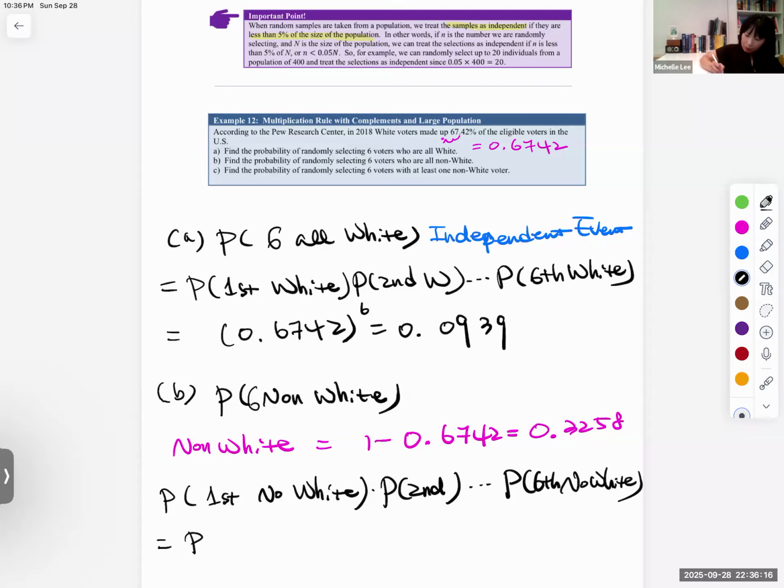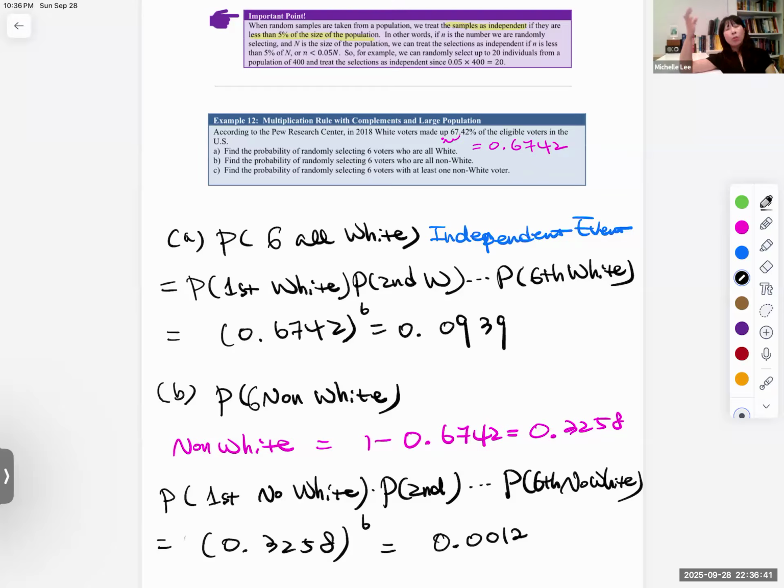Okay, the probability is 0.3258. Once again, 6 power, right? 0.0012. Very good. Okay, the last one, they said 6 voters with at least one non-white voter.